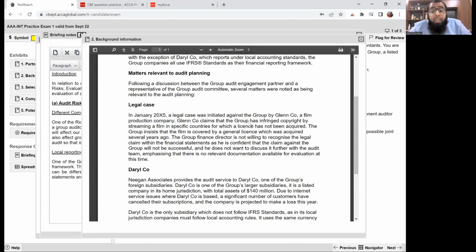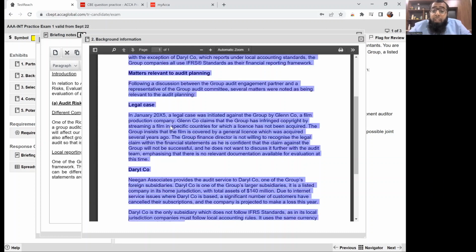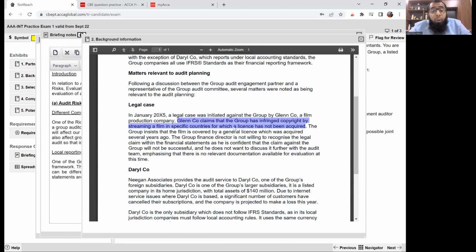Glenn Company claims that the group has infringed copyright by streaming a film in specific countries for which a license has not been acquired. The group insists that the film is covered by a general license which was acquired several years ago. The group finance director is not willing to recognize the legal claim within the financial statements, as he is confident that the claim against the group will not be successful.